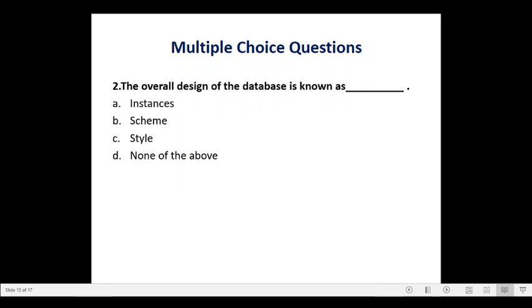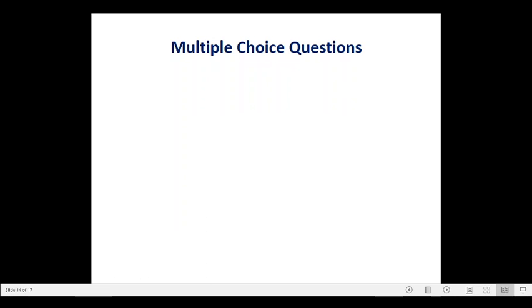We understood what an instance is. Instance is the collection of information stored in a database at a particular moment. So it should be schema. Schema is the overall design of the database. So the answer is schema.